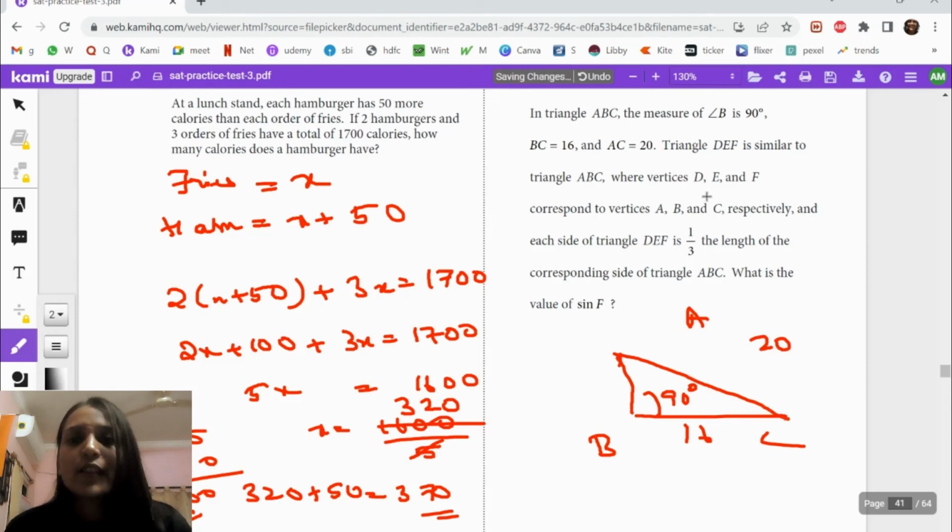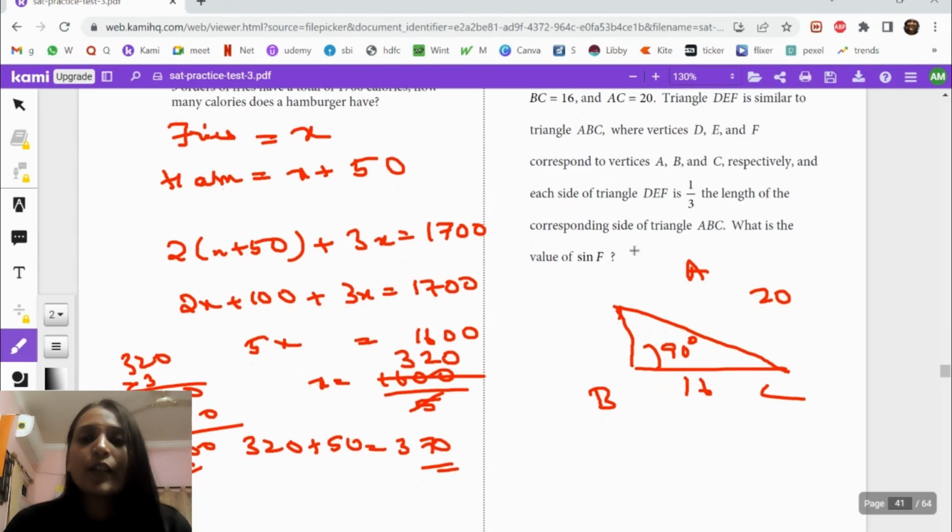So 20, 16, and then we have triangle DEF, which is similar to ABC with vertices DEF corresponding to the vertices ABC respectively. Each side of DEF is one third the length of the corresponding side of triangle ABC. What is the sine value of F?